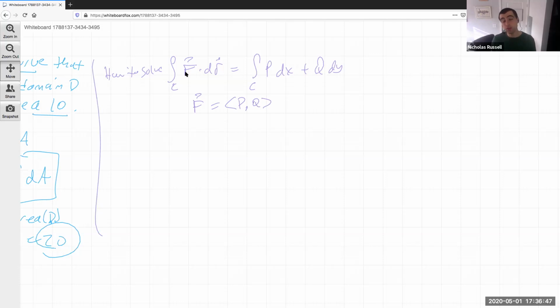The first question I always like to ask myself is, is my vector field conservative? Is F conservative, i.e., is Py equal to Qx?